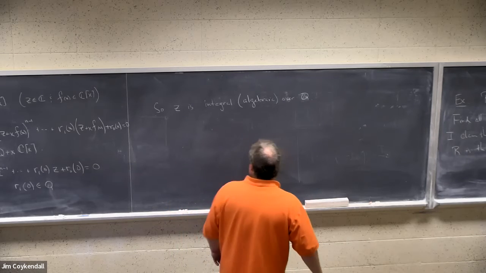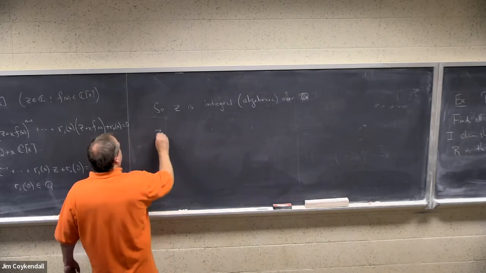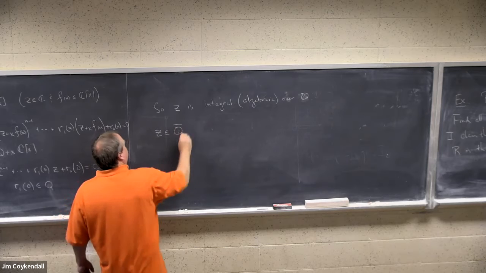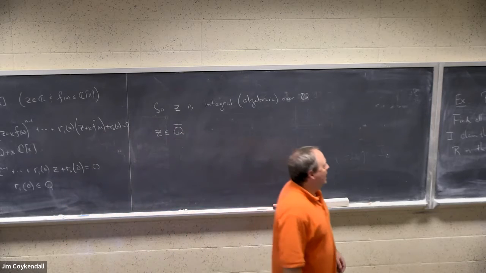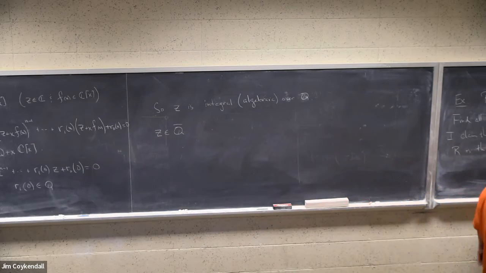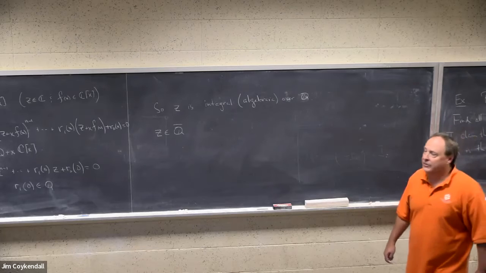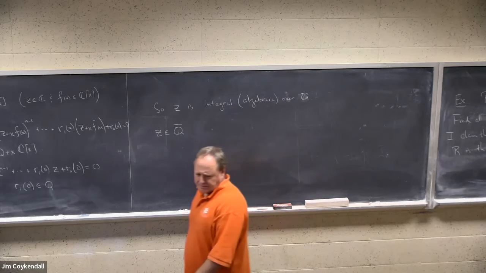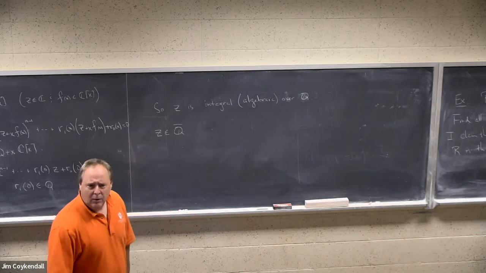So that means that z must be in Q bar. And that shows that anything that's integral is actually contained in here. Now, the other way around is pretty easy to do, actually, right? So showing the containment the other way is actually the easy part. Okay, any questions?